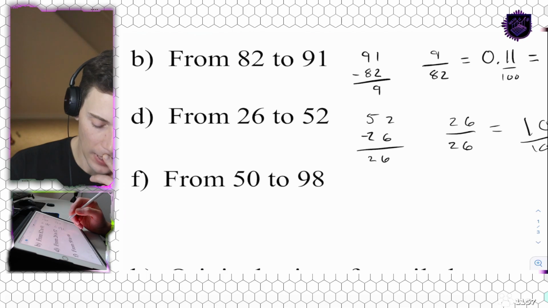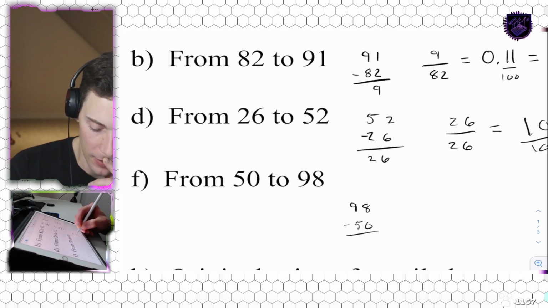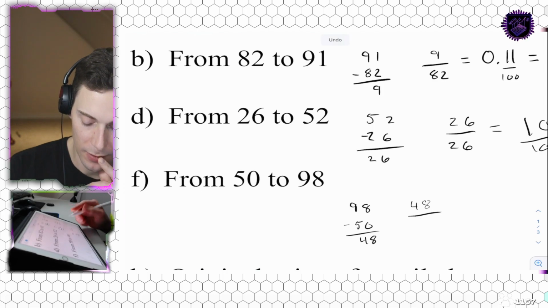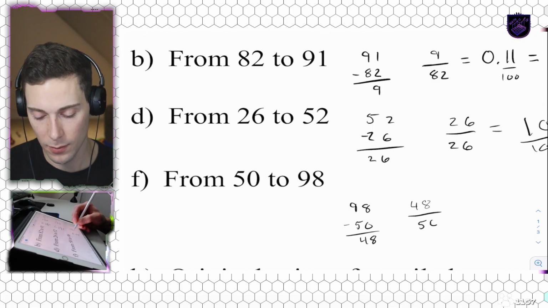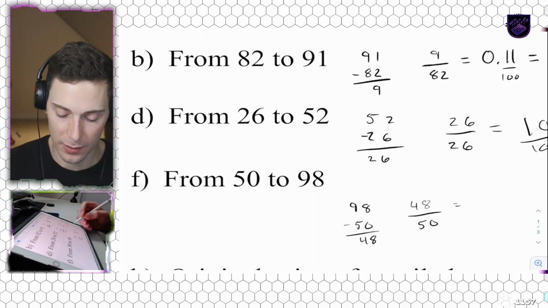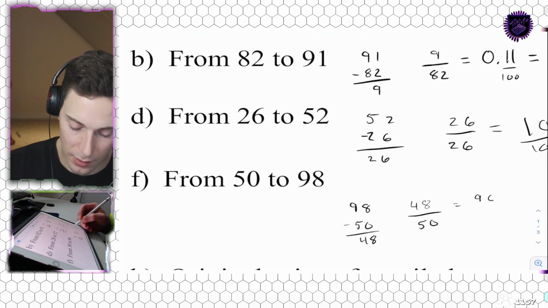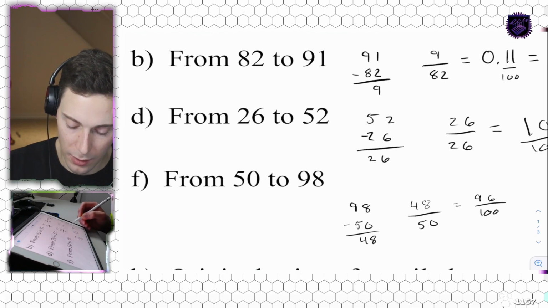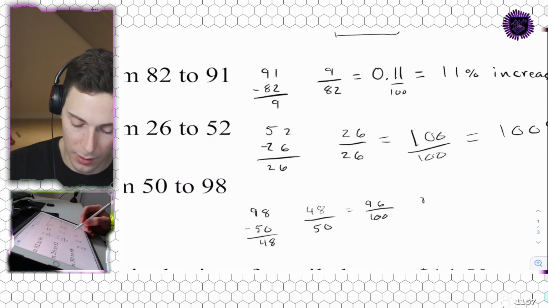From 50 to 98. Okay, 98 minus 50, 48. 48 divided by 50 is equal to 96 over 100, which is 96%.